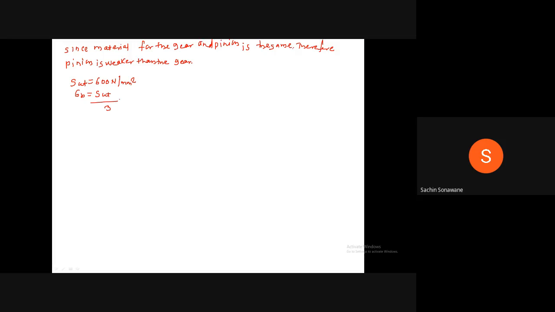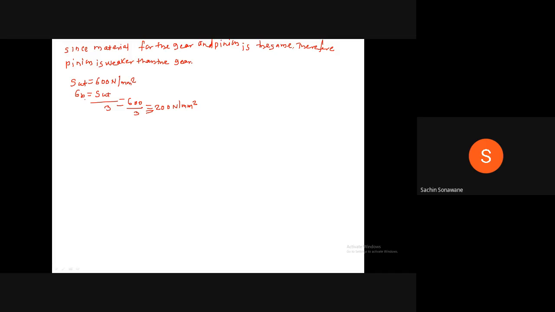This is the standard formula, which is equal to 600 divided by 3, which is equal to 200 Newton per mm square. Therefore, we have calculated bending stress.